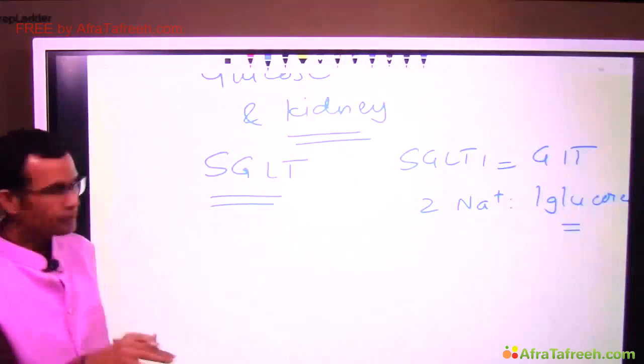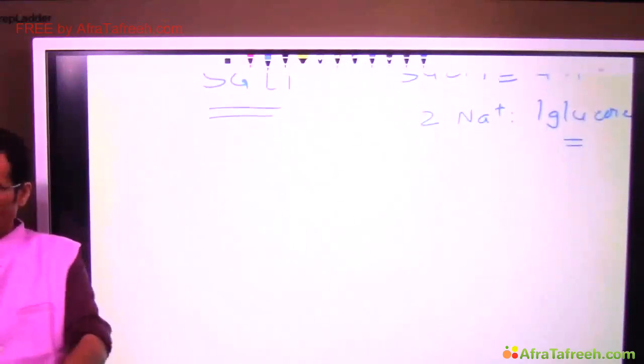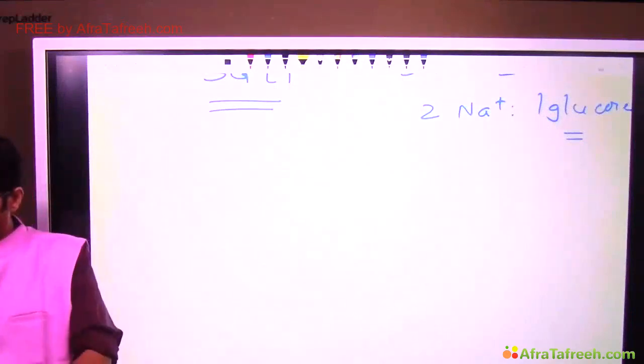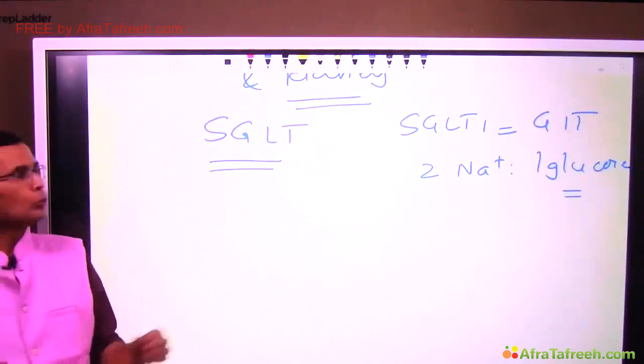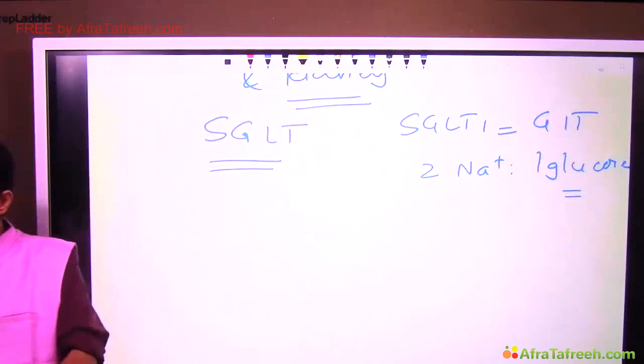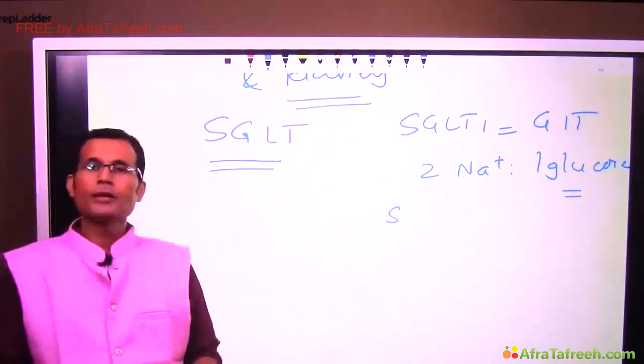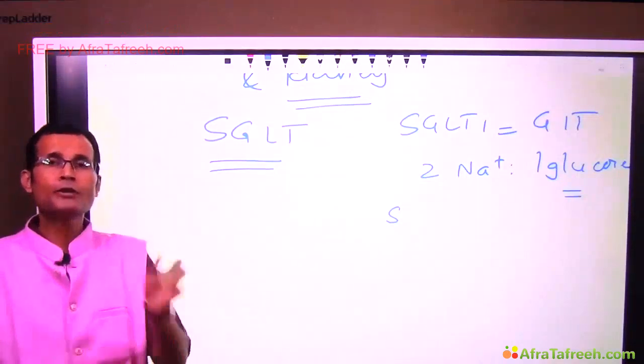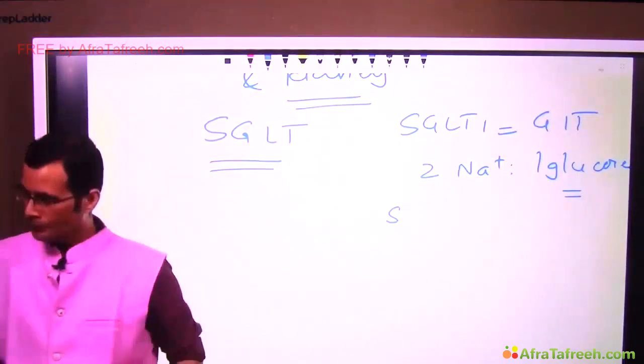Please remember this. I am going to come to that in some time. So SGLT1, sodium glucose transporter, transports 2 sodium to 1 glucose, and it's mainly in the GIT, and its defect results in glucose galactose malabsorption.